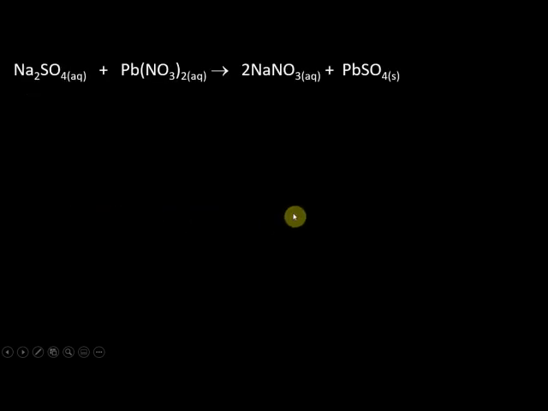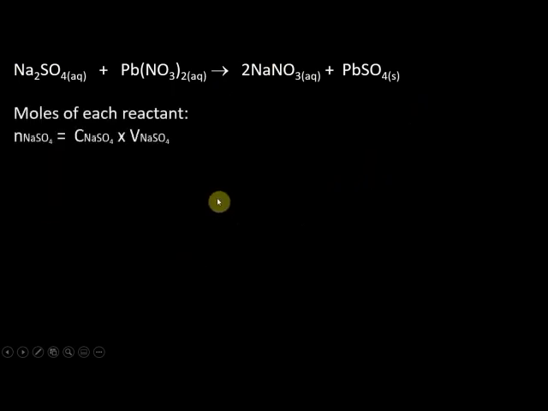And there we go. So there's the reaction equation. It's balanced. Okay, 1-to-1 to 2-to-1. Now, moles of each of the reactants. First of all, the sodium sulfate. Number of moles is the concentration times the volume.